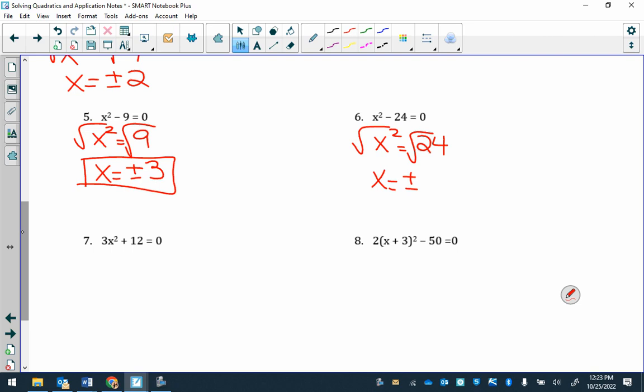What's the first one that comes to mind? 4. So if I split this, square root of 4, square root of 6, because when you multiply radicals, you can multiply them together. What is the square root of 4? 2. Your final answer would be plus or minus 2 root 6. Okay?